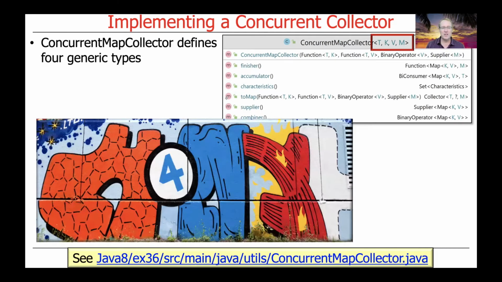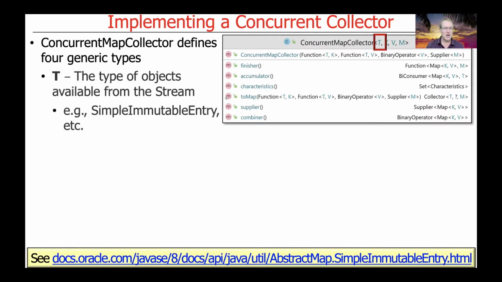So before we do that, let's just go through the generic types that ConcurrentMapCollector defines. So there are 4 of them. And you can see the source code here. We'll take a look at the source code later to illustrate how everything works. So the first generic parameter is T, the type of objects that are available from the stream. You remember, a collector collects stuff from a stream, and T is the type of elements in the stream.